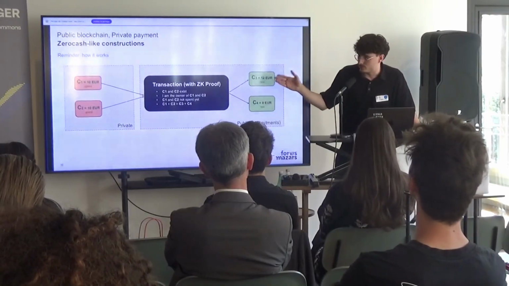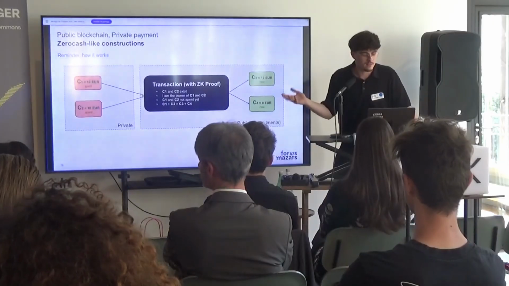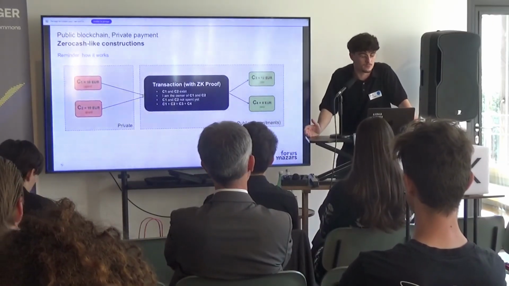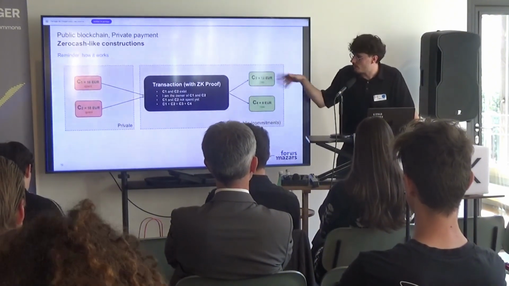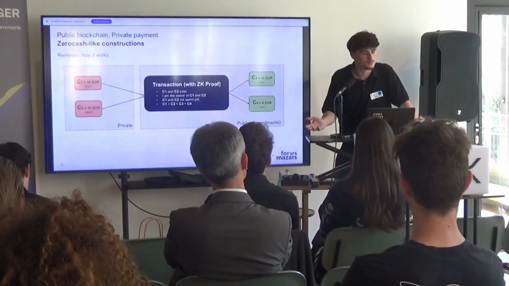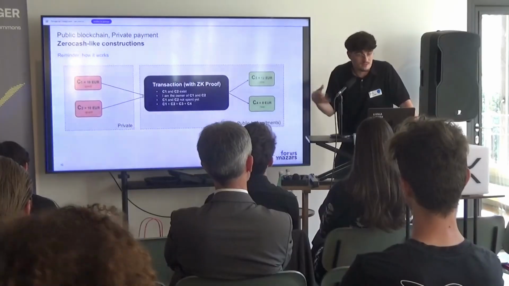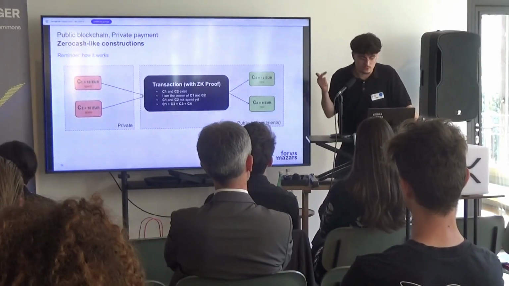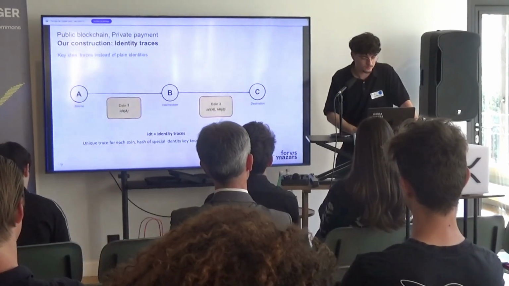Out of this transaction, new coins are created. It's private because the coins that you spend are private inputs of the zero-knowledge proof, so they never appear on the chain. And the coins that are public are actually just commitments, so you don't see what is inside. You just see that it's a coin. You know there are values behind it, but you don't see the amount of the coin or the owner of the coin.